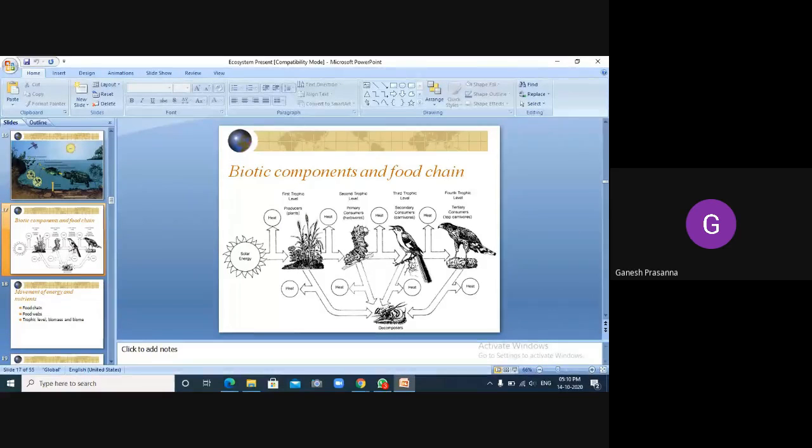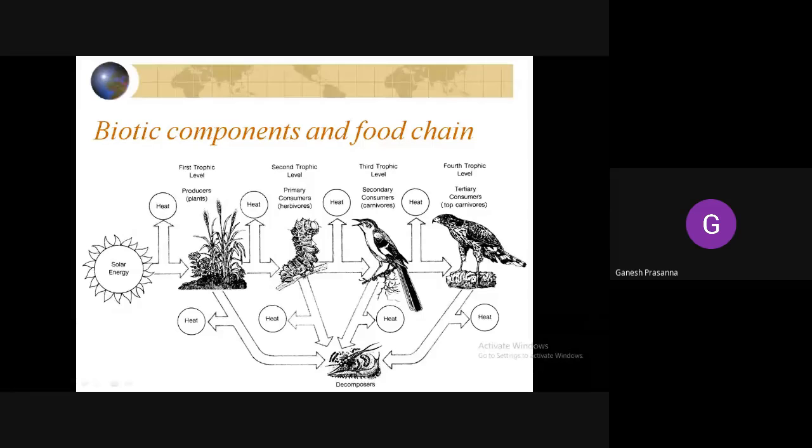Depending on the plants, there are primary consumers, which are herbivorous, the second trophic level. Then there are certain birds which are secondary consumers, which are carnivorous, representing the third trophic level. And finally, tertiary consumers, which are top carnivores like eagles, representing the fourth trophic level. All of them die and they decompose.